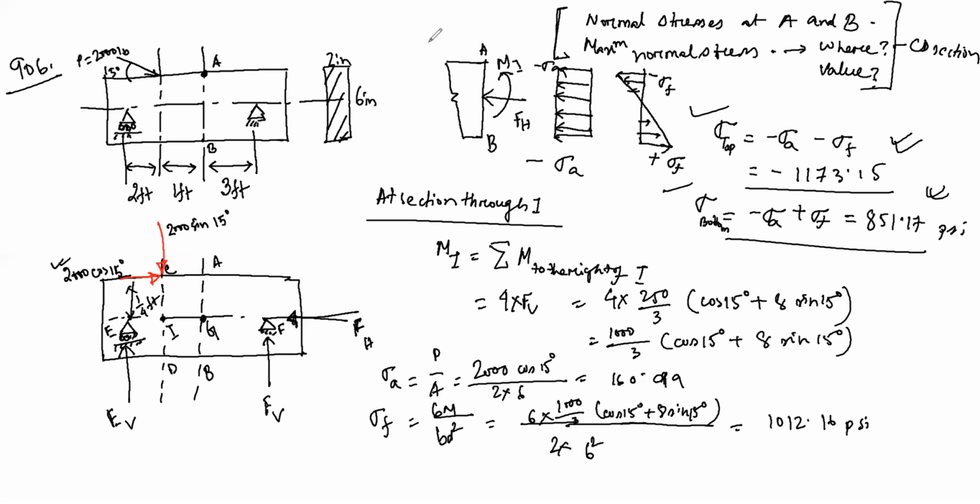So let's just move on to the next problem that we are trying to solve, is the very next one, 907. Very interesting problem one, and a very easy one also. So there is a pipe.